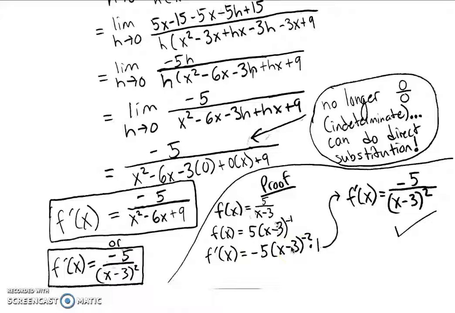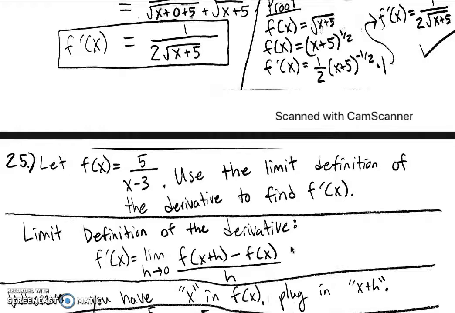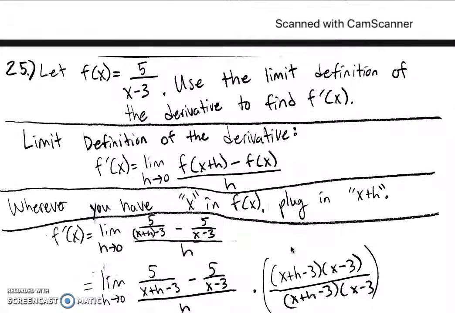So the biggest thing to note when doing any problems where you have to find the derivative using the limit definition is to remember to slowly and carefully plug in, for this part where my mouse is right here, x plus h for all values of x in f of x.